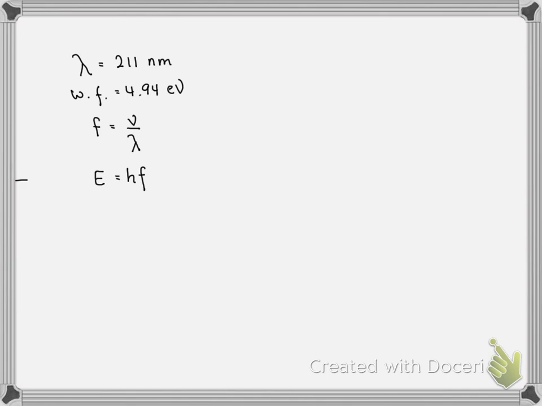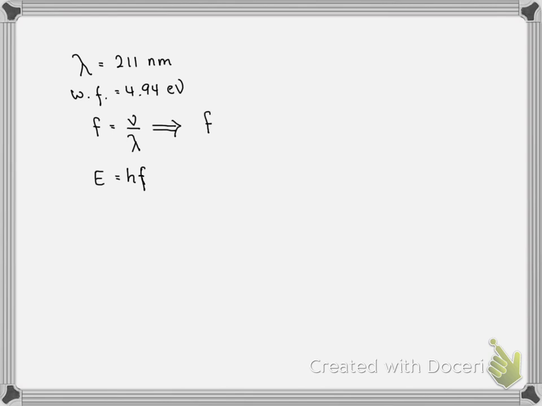Remember that energy, E, is the amount of energy that light has to have on the metal, copper, in order to free the electrons. So we have to first find frequency in order to use frequency in our work function equation. All right, so we'll start here.